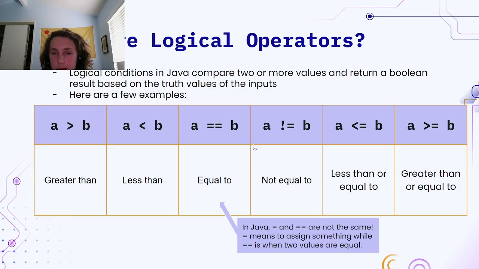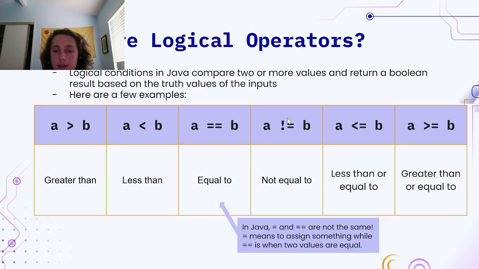Single equals sets the variable on the left of it to the value of anything that's on the right of it. But equals equals checks if the two values on either side are equal to each other, and if they are the same, it will return true.